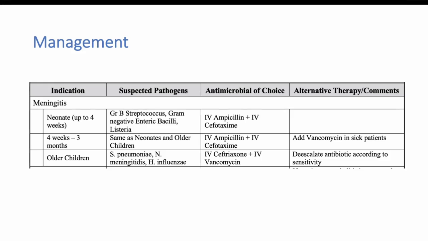Ampicillin and cefotaxime. In sepsis, we mentioned it is ampicillin plus aminoglycoside, but in meningitis, aminoglycosides do not cross the blood-brain barrier. That's why we replaced them with cefotaxime. And why cefotaxime, not ceftriaxone?